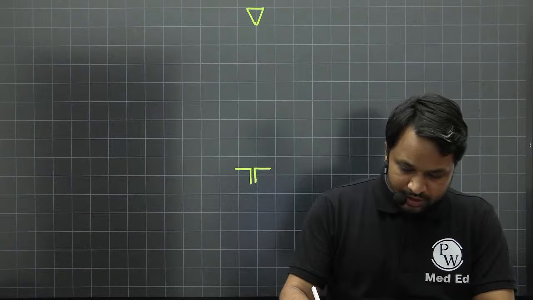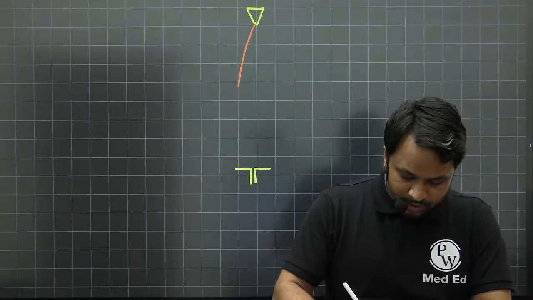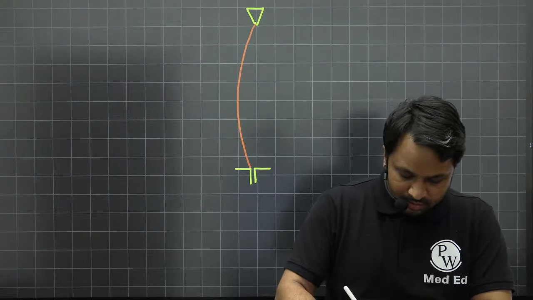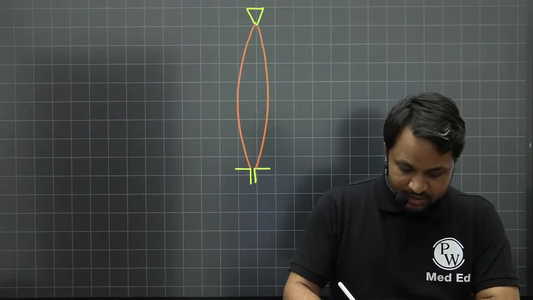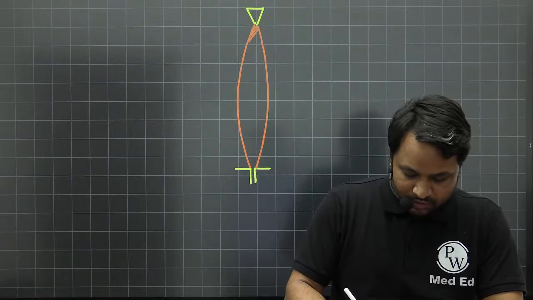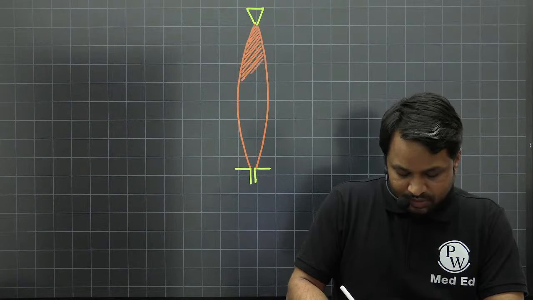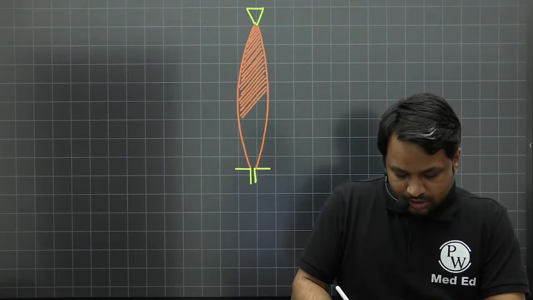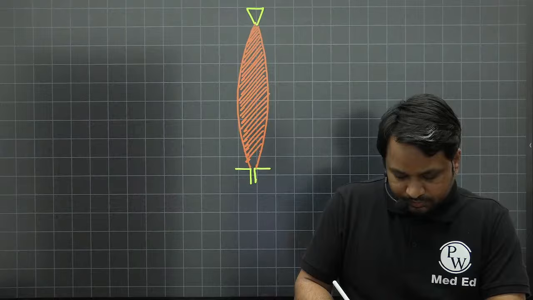We all know the rectus abdominis muscle is going to be between the xiphisternum and the pubic symphysis, and this is the orientation of the rectus abdominis muscle. I'm just giving you one section.